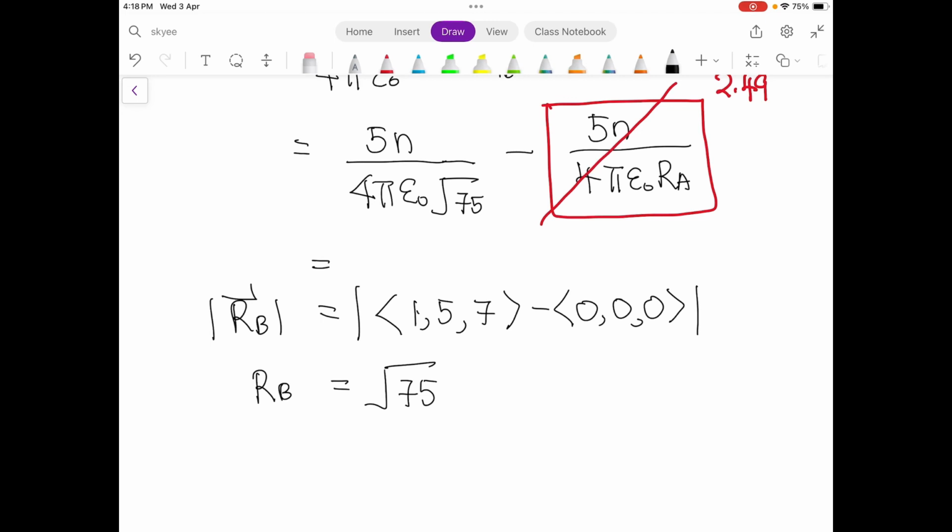Now calculate 5 nano over that, and then you minus 2.49. You get 2.698, something like that, volt. This is your VB.